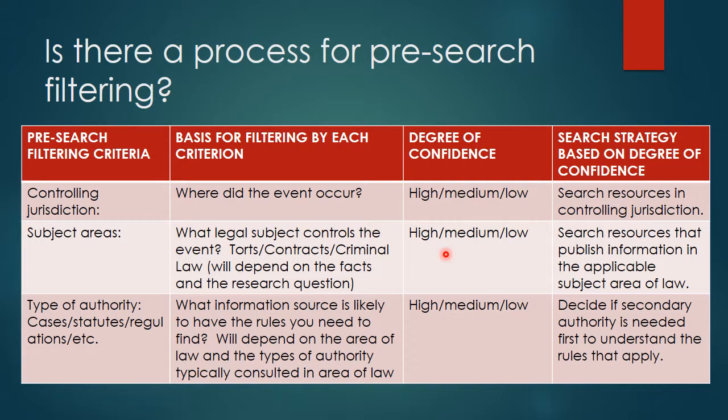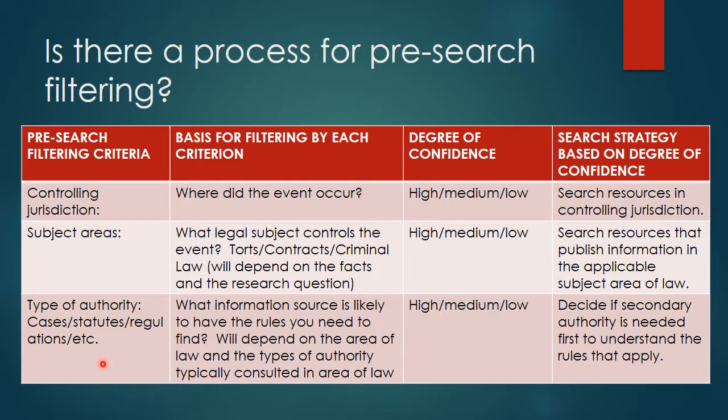And again, you may or may not know for certain, but it at least tells you when you do know, even if you have to ask someone or do some secondary research to find out. Of course, you're looking for resources and tools that have information about the subject area of law, published in the applicable area of law, obviously.